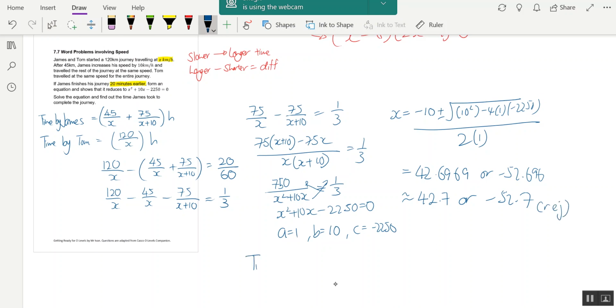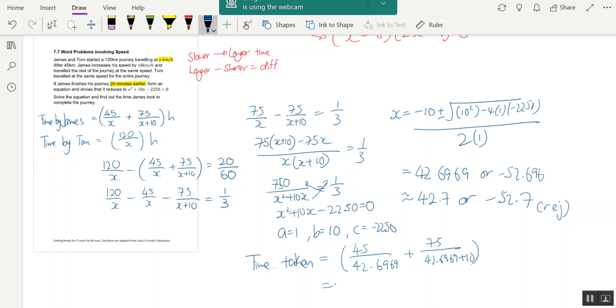So the time taken will be equal to 45 over, when you divide, you cannot divide by the final answer, you must divide by the raw value, at least 4 decimal places, 42.6969, plus 75 over 42.6969 plus 10.